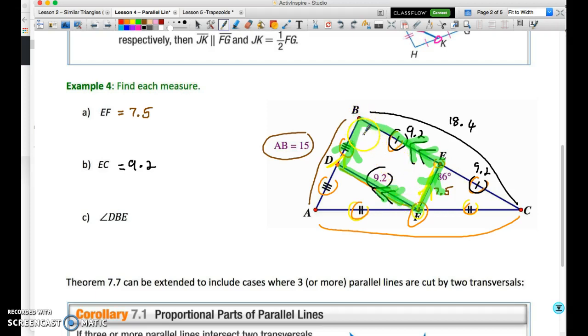And so we've been asked to find the measure of angle DBE, which is the measure over here, and hopefully what you're able to see relatively easily is that since we've got parallel sides, we've got our F over here, corresponding angles are going to be congruent, and angle DBE is 86 degrees.